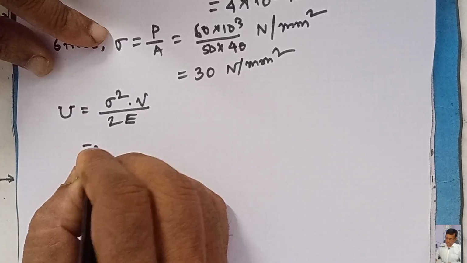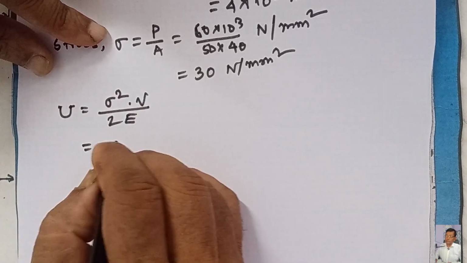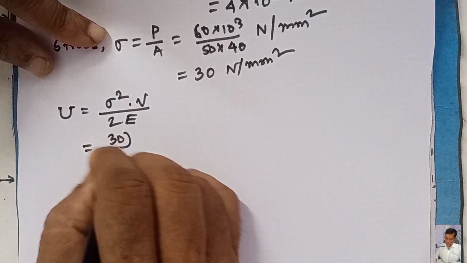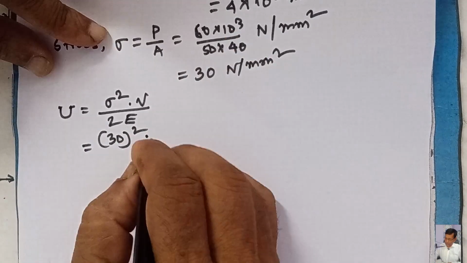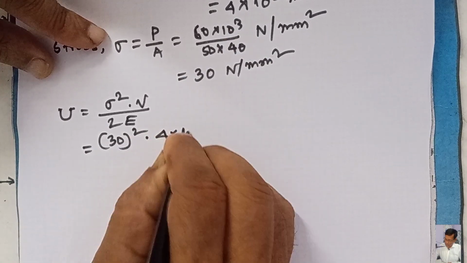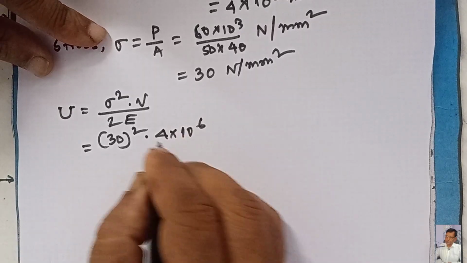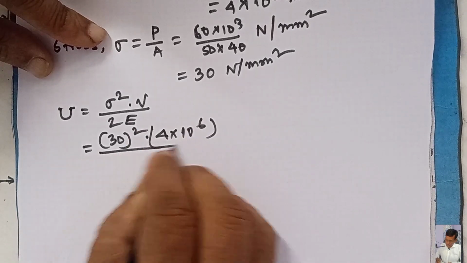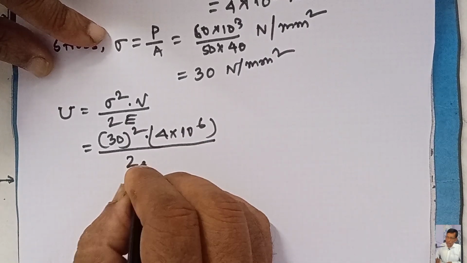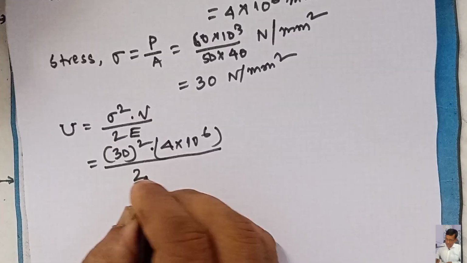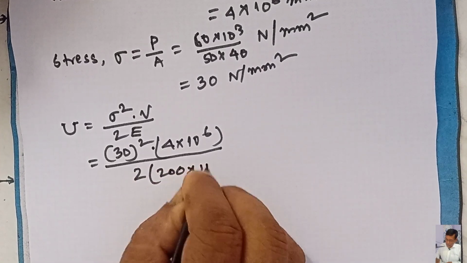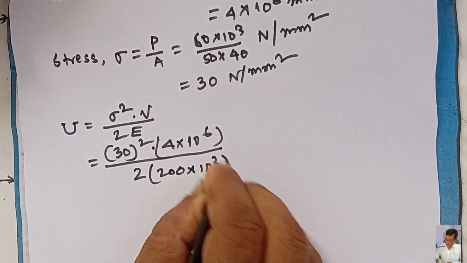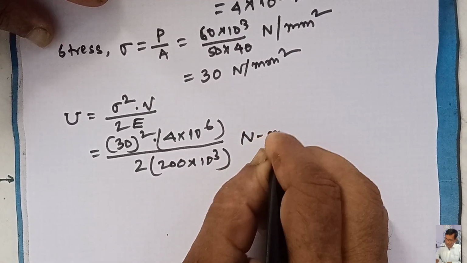If we put the value, then 30 square into 4 into 10 to the power 6, divided by 2 into E, 200 into 10 to the power cube, Newton millimeter.